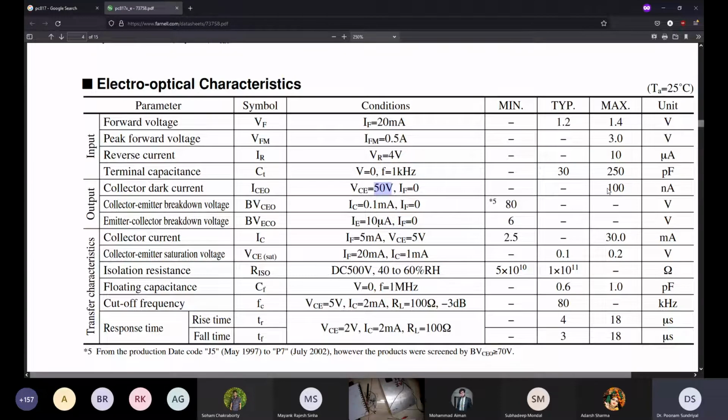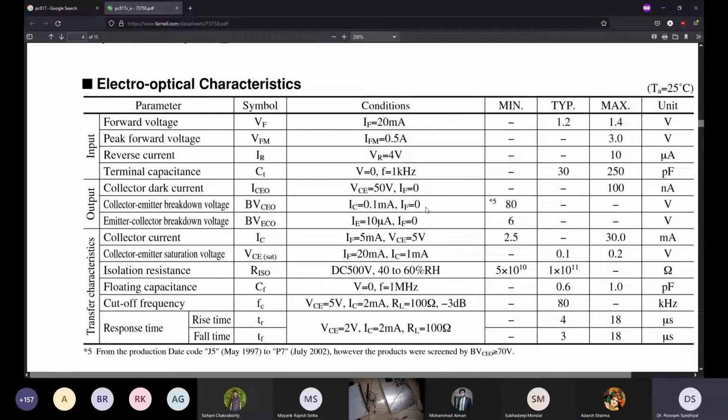You would imagine that even when you apply a voltage across terminals 3 and 4, with no primary side connection, it would stay off, but in reality it would have a leakage current of 100 nanoamperes. The breakdown voltages are also given: at 80 volts, the secondary side would break down.